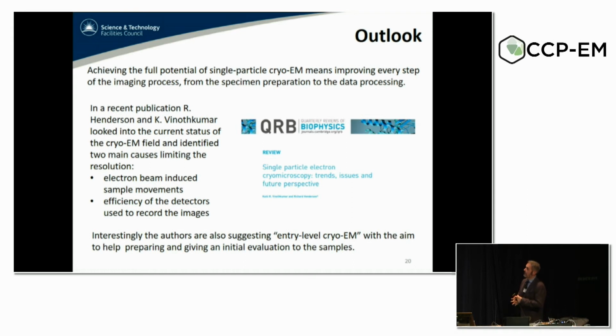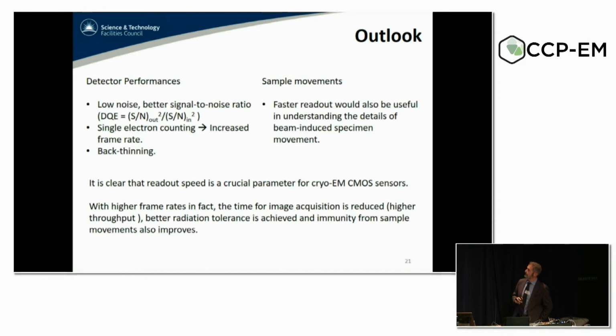And I made also a note about the fact that in this report, some kind of entry-level cryo-EM has been suggested as a way to expand the possible pool of users and help in preparing the sample and having an initial evaluation. There is something that was mentioned by Chris in his previous talk, I think on one of the last slides.